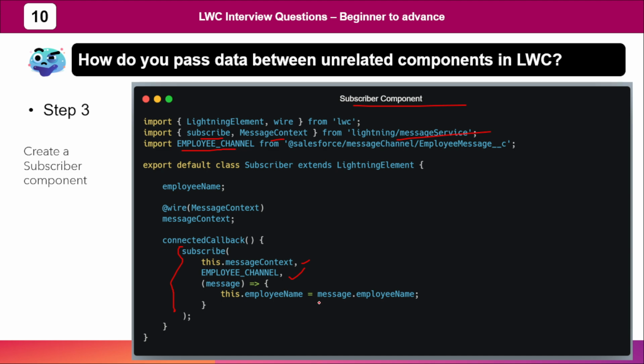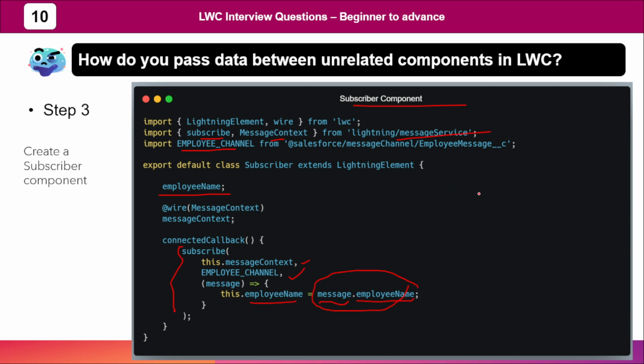What message is published by the publisher component is this employee name. So whatever message we have received, we can store it into this component property which is the employee name. So this is how the publisher component sends the message, and the subscriber component receives that message and uses it as per the business requirement.